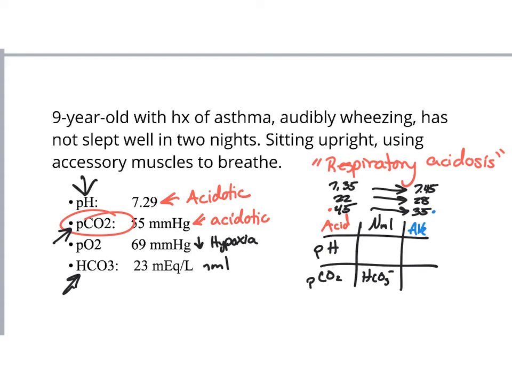So I can see that the column where I actually got my tic-tac-toe is right here in the acidotic column, and it's the PCO2 that's over here on the same side as the pH. Again, that's my respiratory indicator, so I know that this really is respiratory acidosis.